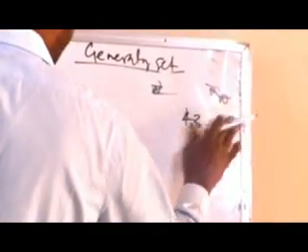Remember, we're still on the B part of the question. Generating set. The sales proceed on generating set is 4.3 million.